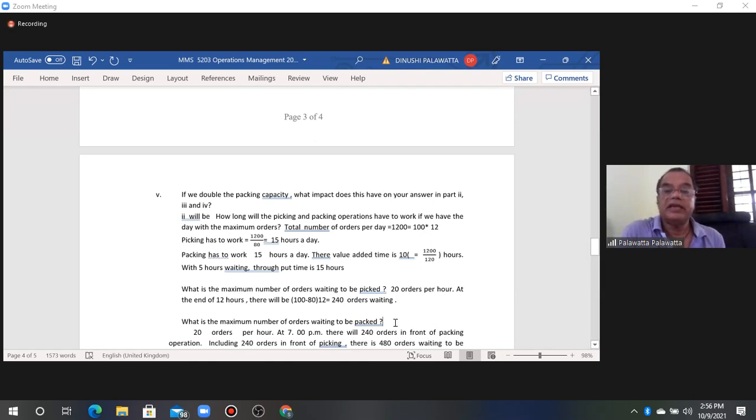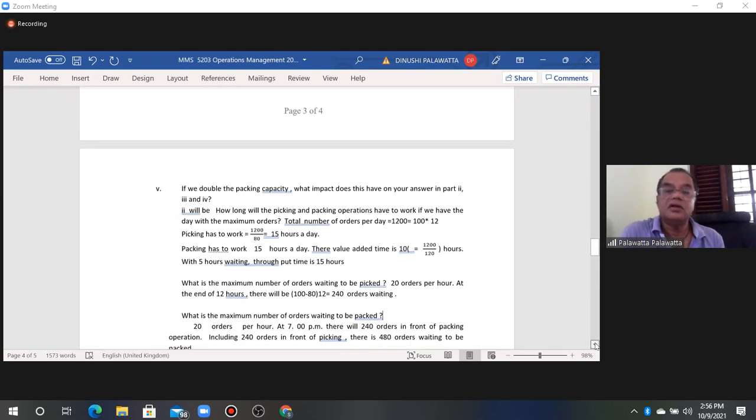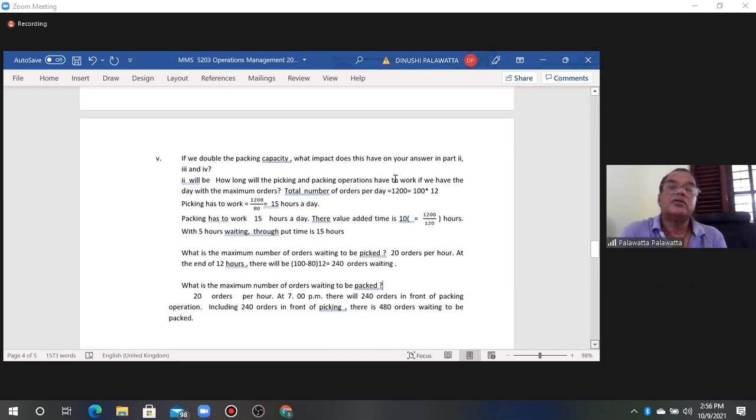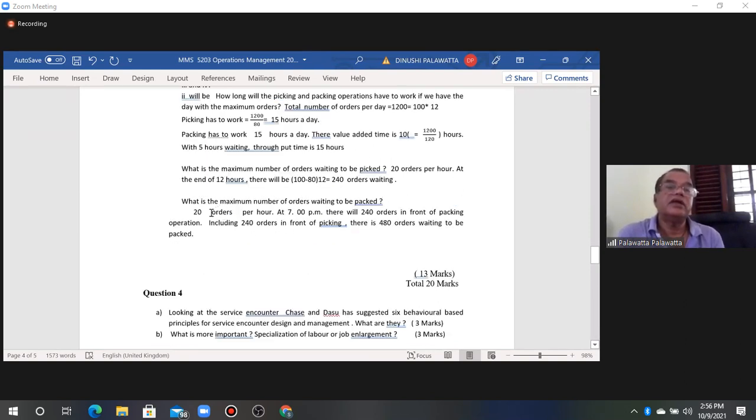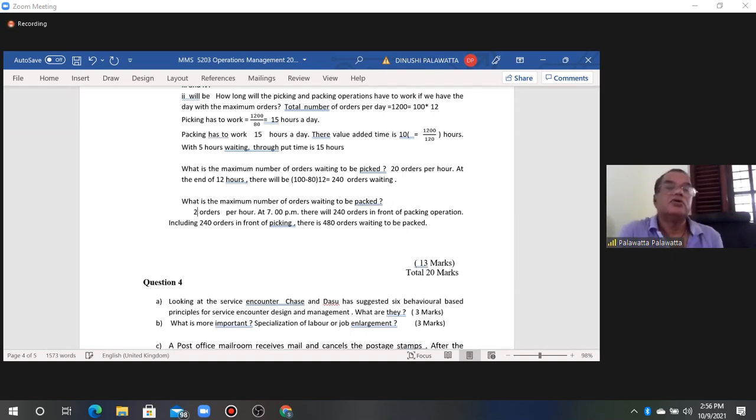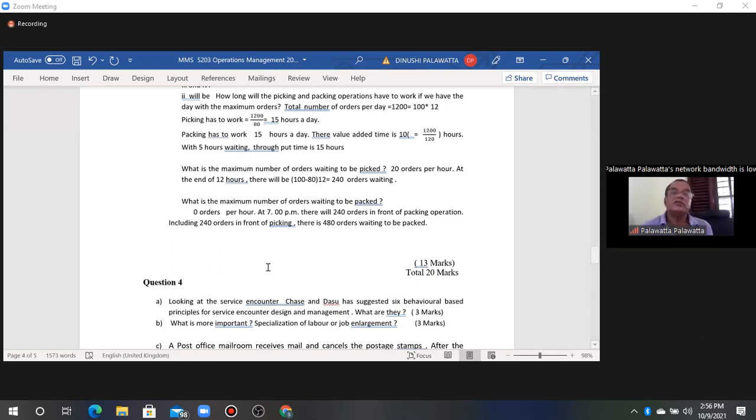But packing now, you see, waiting will be 0 orders per hour, because the packing is working fast, because now the capacity is double. There will be 0 orders in front of packing operation.